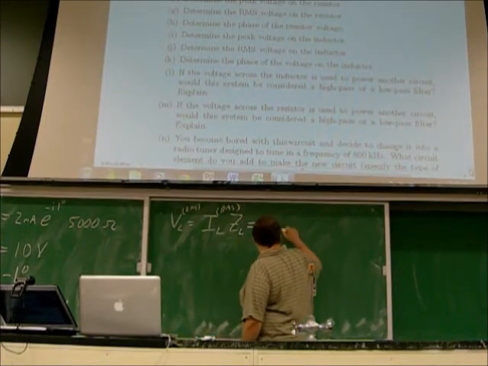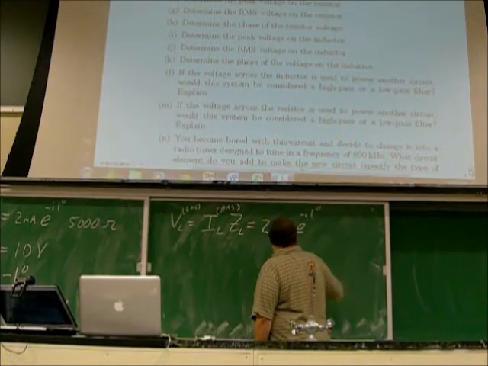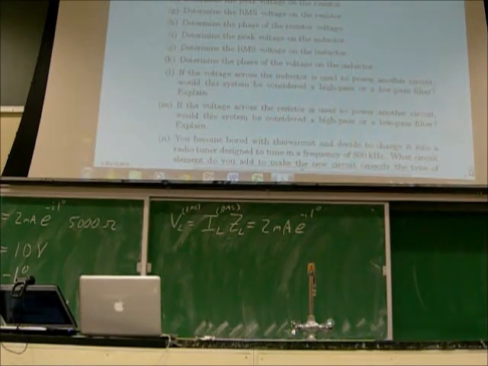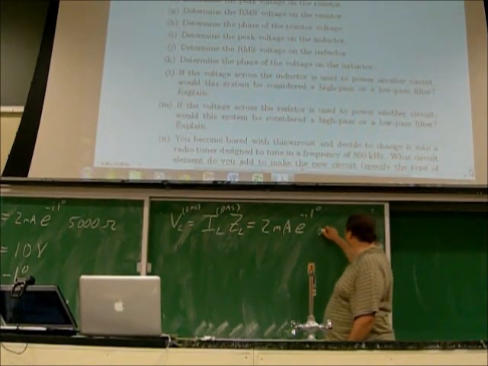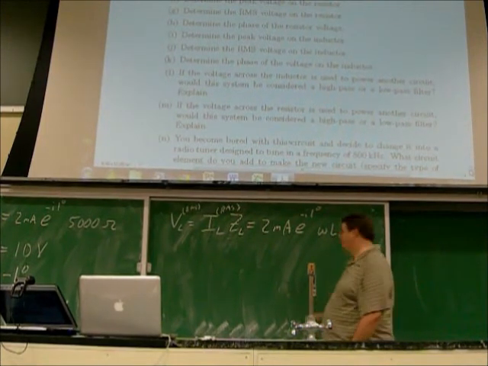So that's 2 milliamps, e to the minus I times 1 degree, and the Z of an inductor is omega L, e to the what?